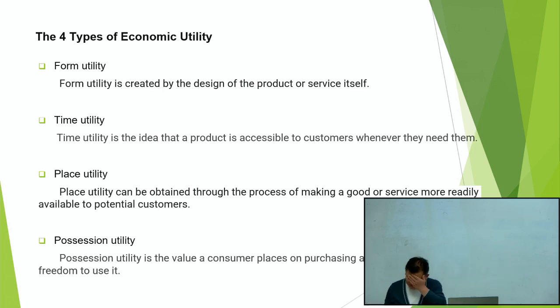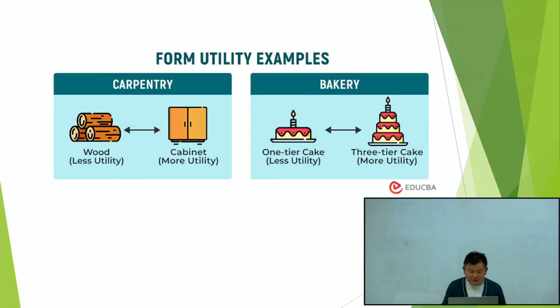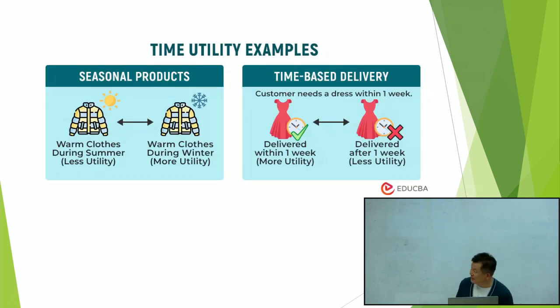So it is based on the idea of supply and demand, meaning that a company offering time utility is always able to provide consumers with the amount of products they need whenever they need them. I'll show you pictures of time utility, this one. So seasonal products. The seasonal meaning is timing. So warm clothes during summer are not useful in the warm season.